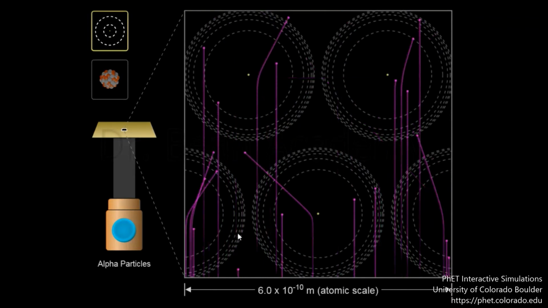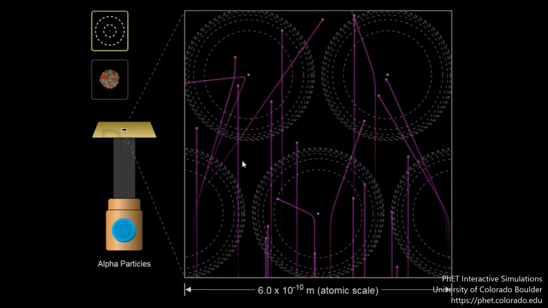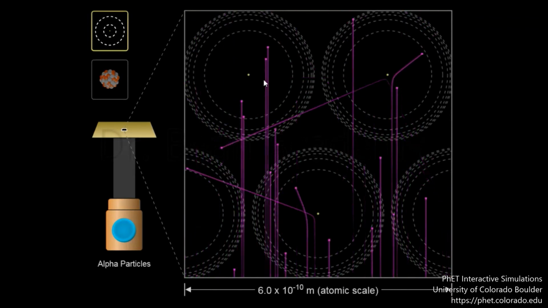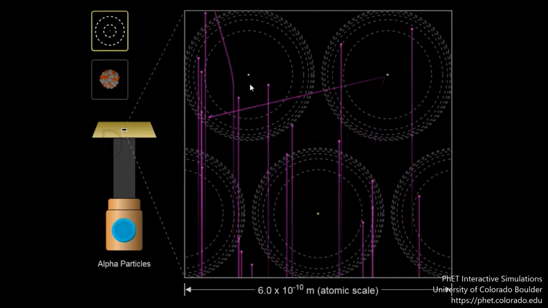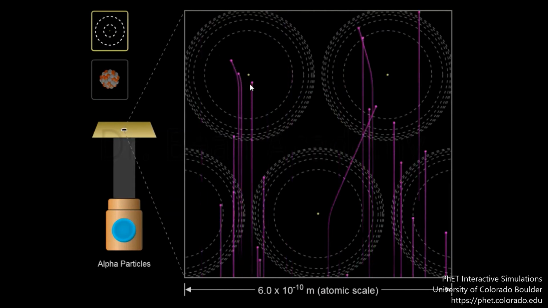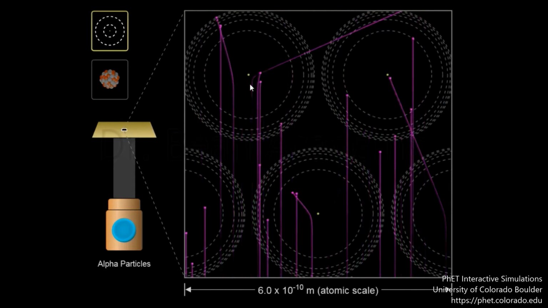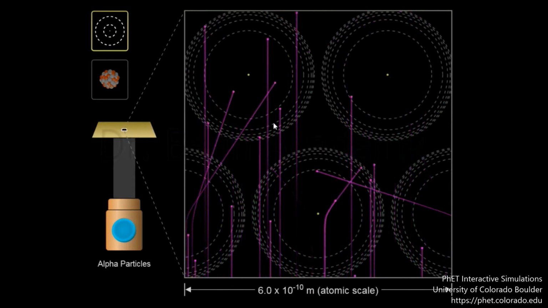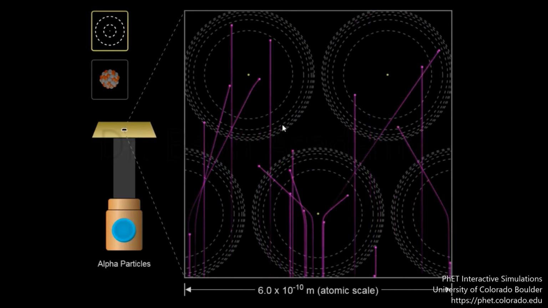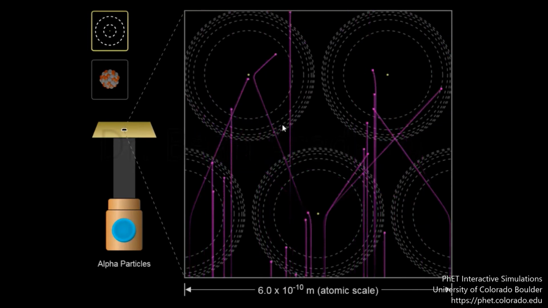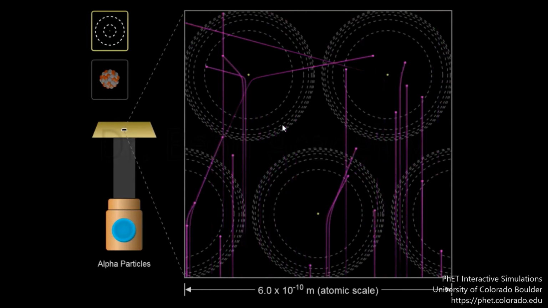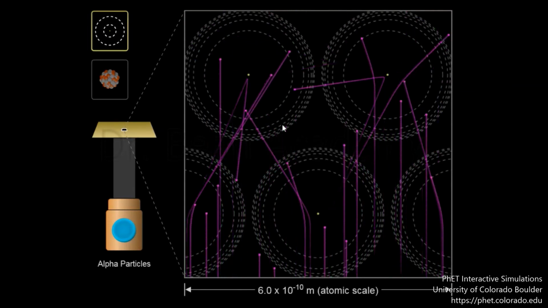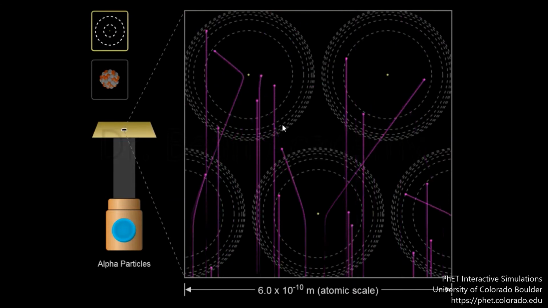So if you hit something from the source and then it is deflected, it means there is some positive charge, because we know that two positive charges repel each other from the Coulomb's repulsion. So he concluded that there is some positive charge and it is concentrated. It is not spread everywhere. That positive charge is concentrated.